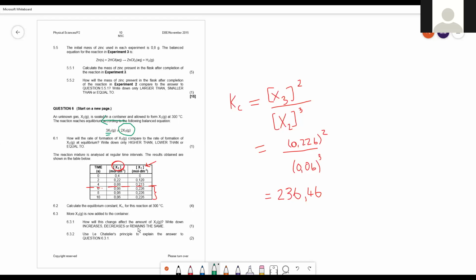And in the previous one, when they gave you the graph, do you know how to read off of graphs? Things like that. So with this, it's basically a lot of theory and just thinking about things in terms of what's going to happen if you do this, how will you be able to make it go the opposite way. So that's chemical equilibrium in a nutshell.